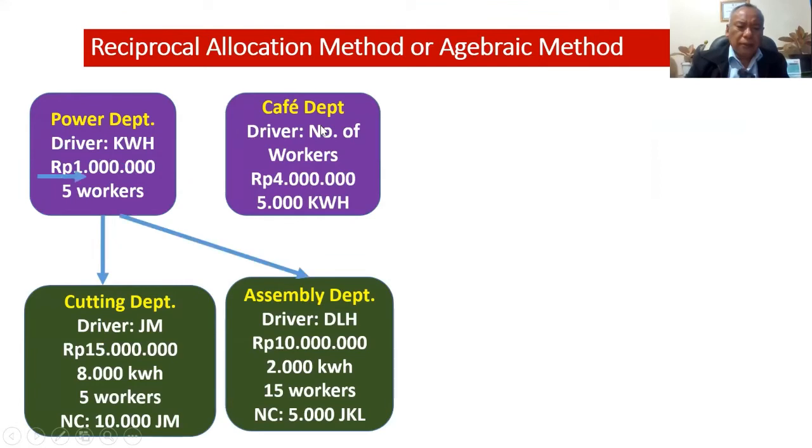This one. And actually the same way, the cafe department will allocate its cost to the cutting department, to the assembly department, and the power department. So in this case, we can see that there is reciprocal allocation.